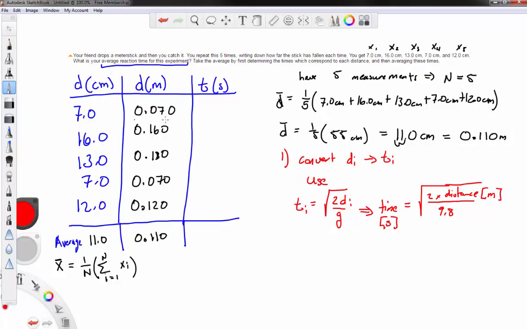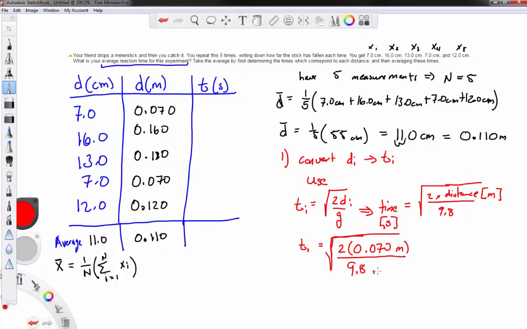So let's try it out for the first one. I'll work the first one explicitly, and then I'll just fill in the answers for the other ones. So T1 is going to be equal to square root of 2 times your distance, 0.070 meters, divided by the 9.8.